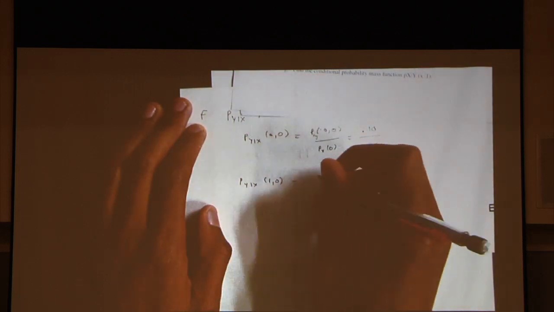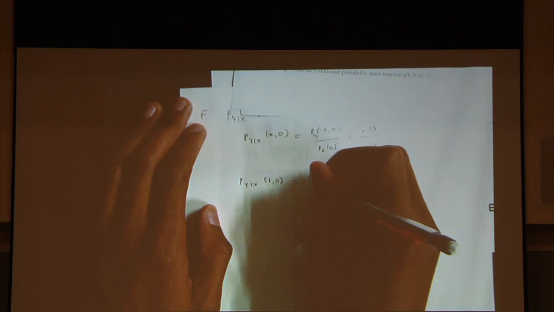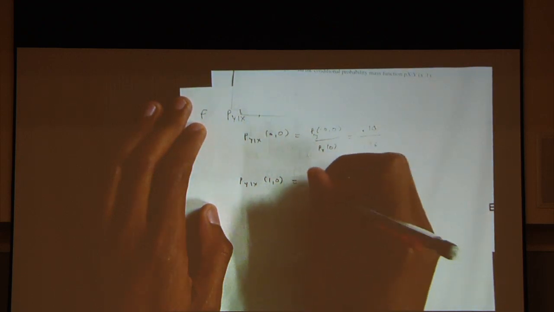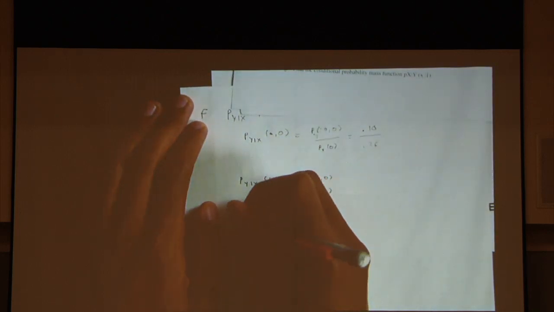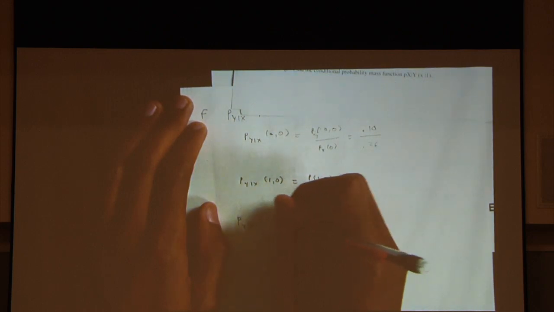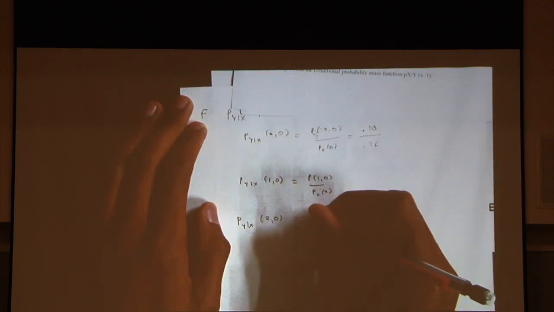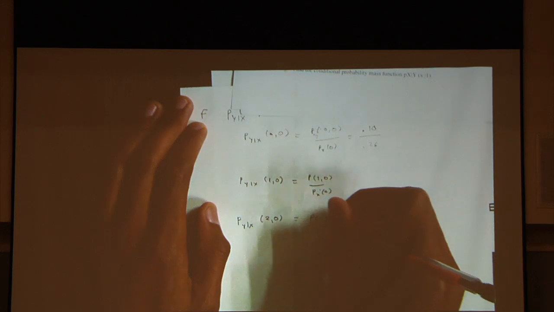So probability of 1, 0 over the same condition, right? They all have the same condition. Probability of 2, 0.